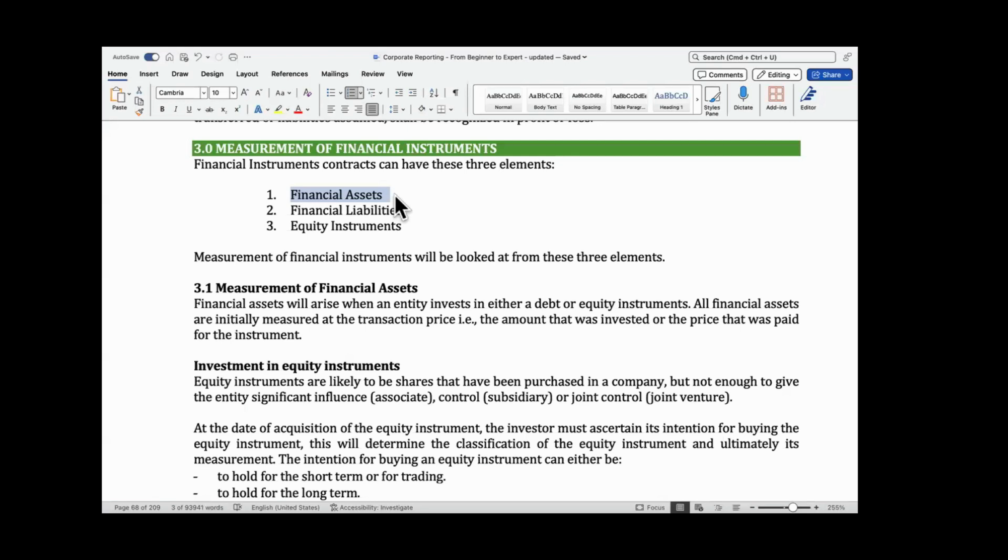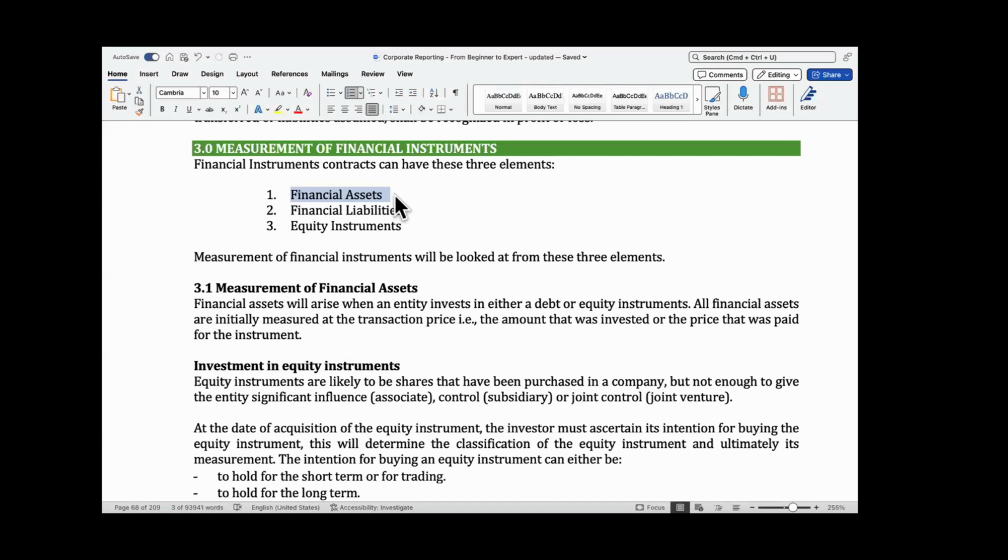Then the major issue for financial assets measurement is the other two: when you invest in shares, that is investment in an equity instrument of another entity, or when you invest in a debt instrument, which gives rise to a contractual obligation to receive cash.